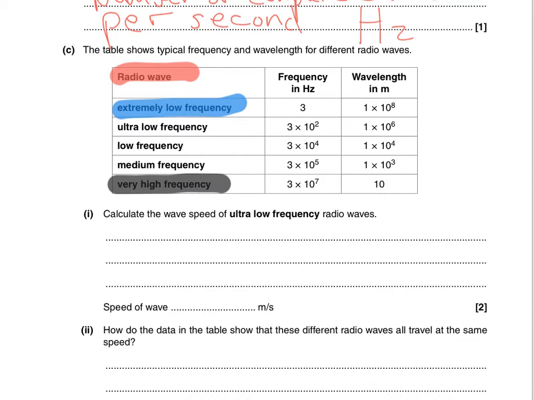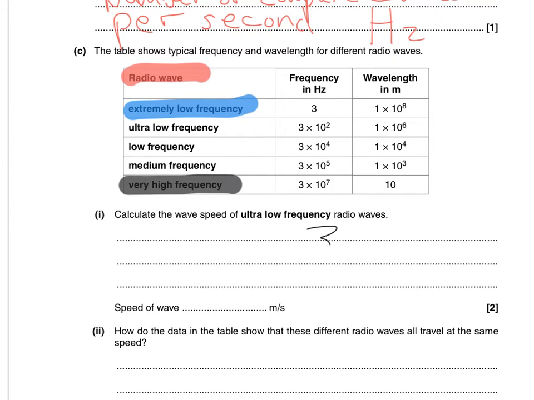If you can remember the speed that the electromagnetic spectrum travels at, so what the speed of light is, all those waves travel at the same speed. So if you just put 3 times 10 to the 8 meters per second, then you get 2 marks straight off the bat.